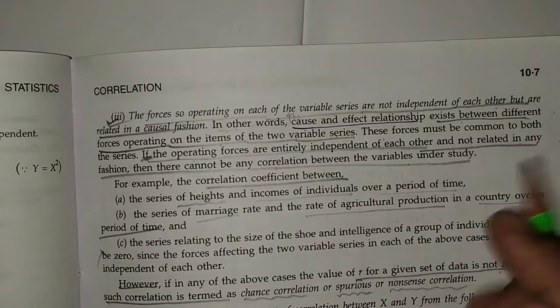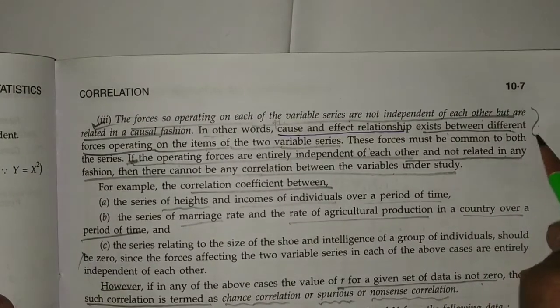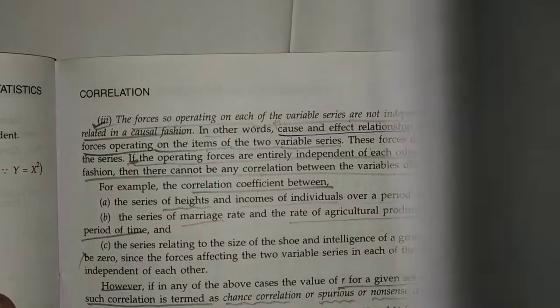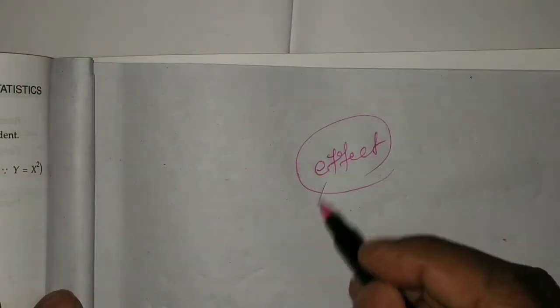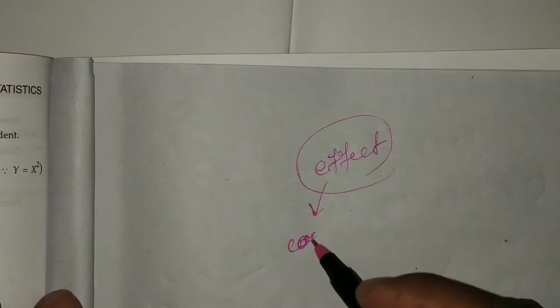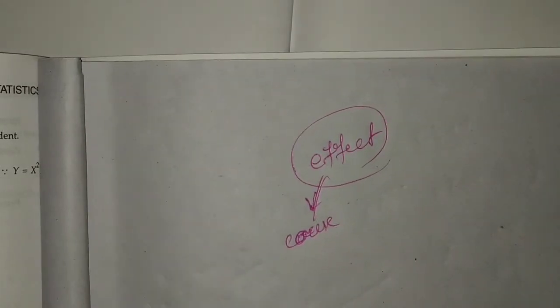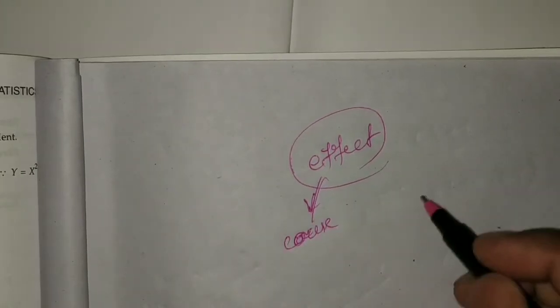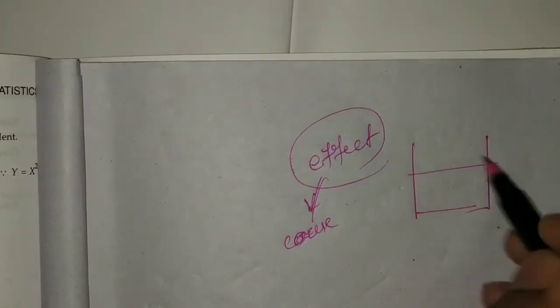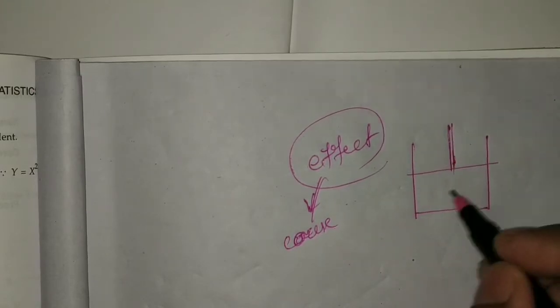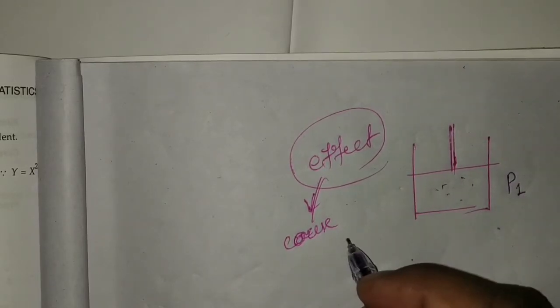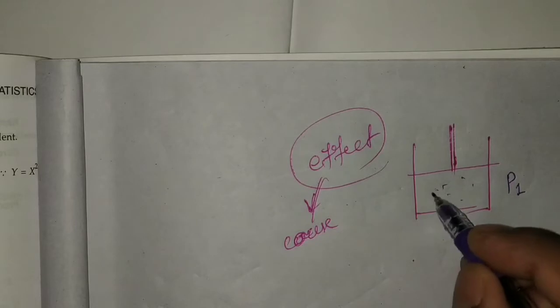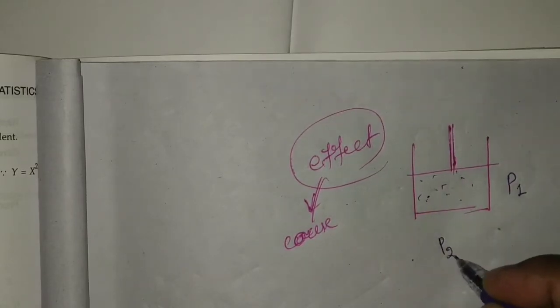That means this third point is telling us that if we get some effect somewhere, then for this effect there has to be a cause. A very simple example: this is your container, and initially the pressure was P1, and after some time the pressure inside this container has increased to P2, which is greater than P1.